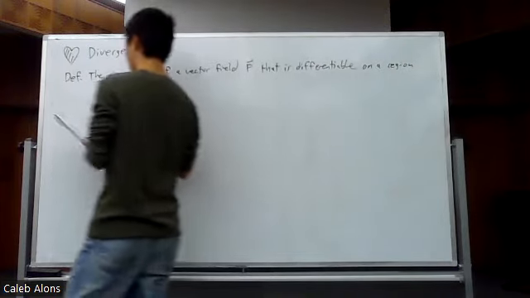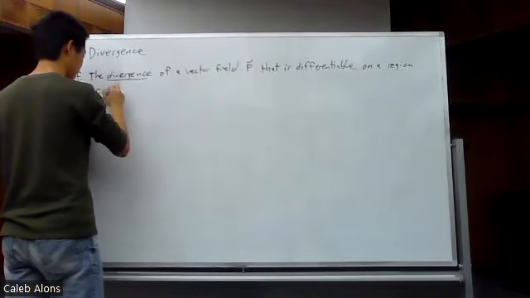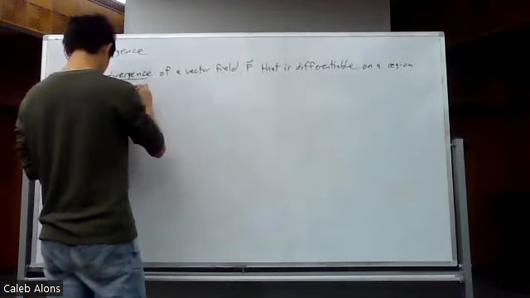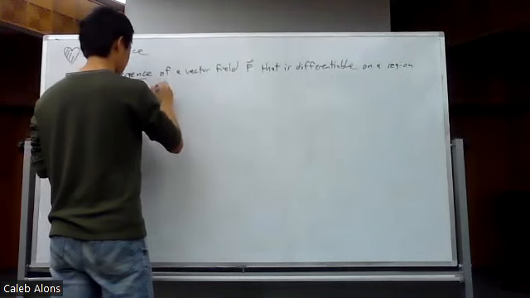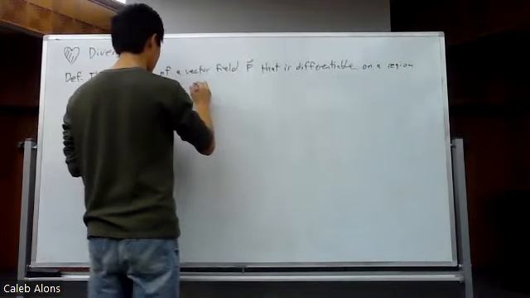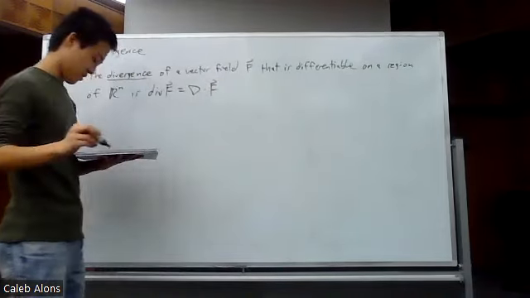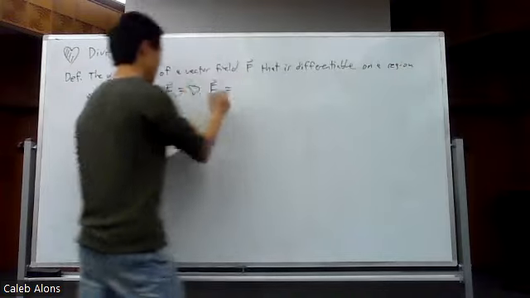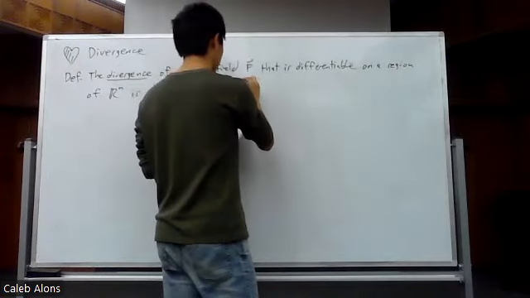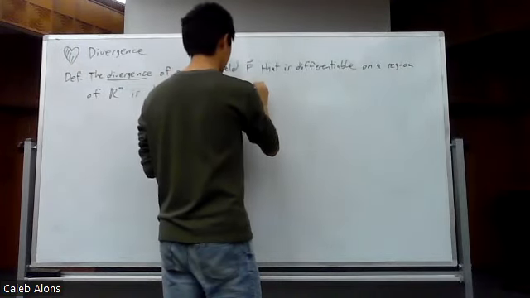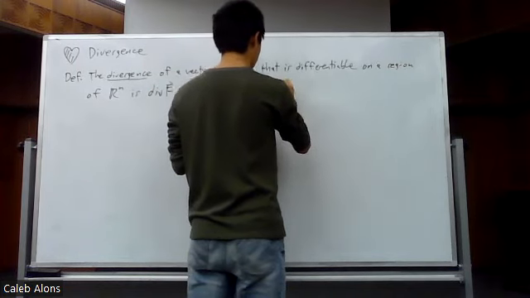of Rn. So we'll give a general case first. The divergence of the field is equal to the del operator in a dot product with the field. Which is going to be, when you expand that out, partial f1 over partial x1 plus all the way up to partial fn over partial xn.